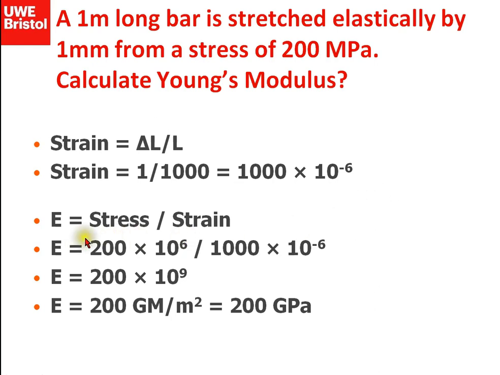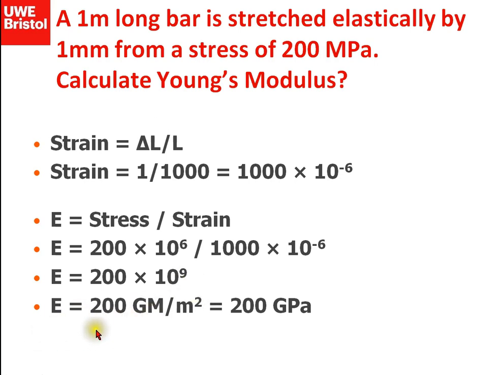The Young's modulus relationship gives me stress divided by strain. The stress is 200 times 10 to the 6, and the strain is 1000 times 10 to the minus 6. Put that in your calculator and you end up with the answer of 200 times 10 to the 9.